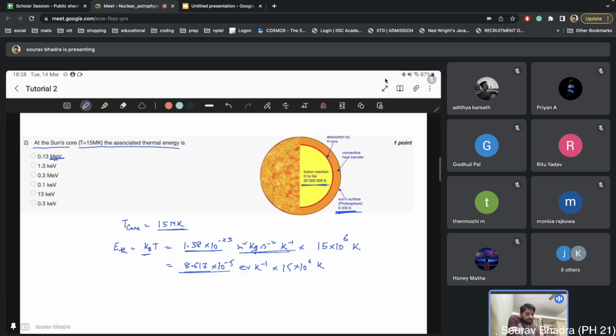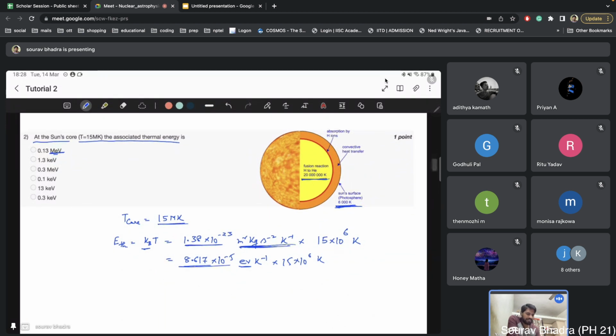Always go to the electron volt unit while calculating anything for an astrophysical scenario. That will give you 129.3 times 10 to the power minus 5 times 10 to the power 6 eV, which is 1293 electron volt.